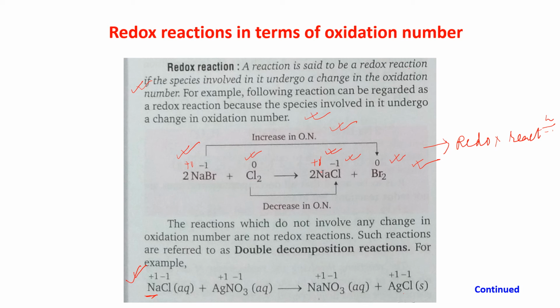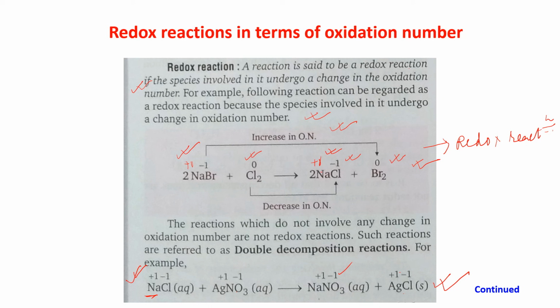Cl is -1, Cl is -1. Ag is +1, here also Ag is +1. NO3 is -1, here on the right hand side NO3 is -1. So there is no change in the oxidation number in this reaction. So this is not a redox reaction. This is just a double decomposition reaction.